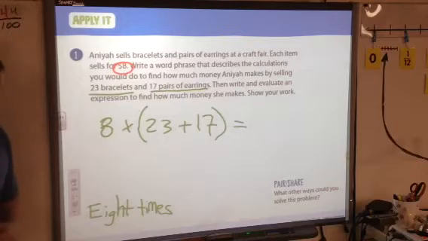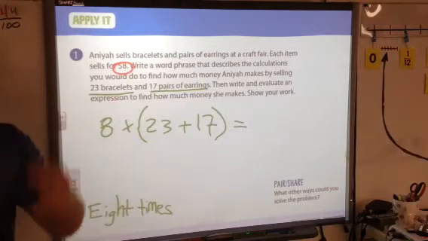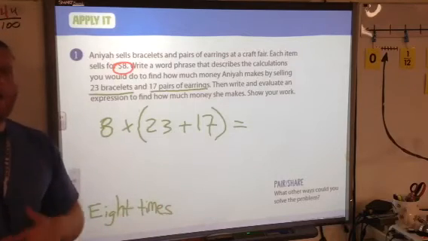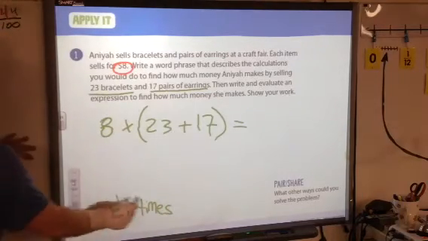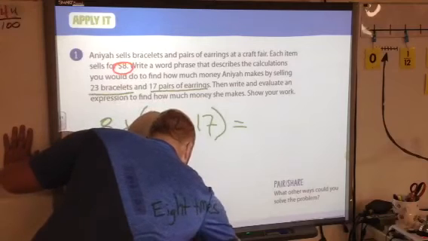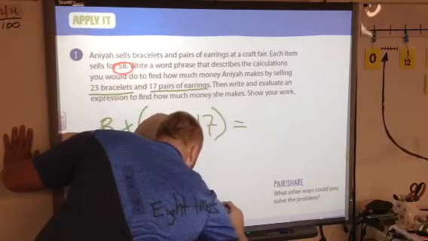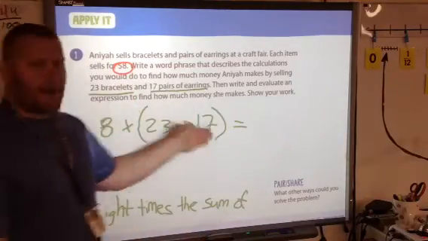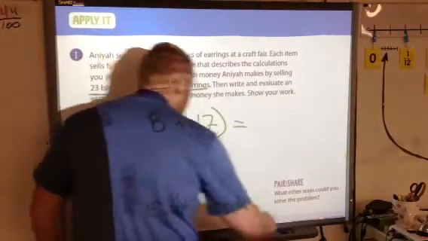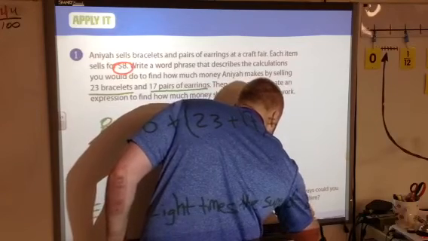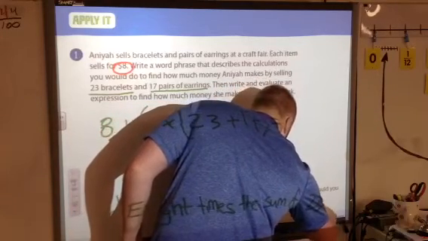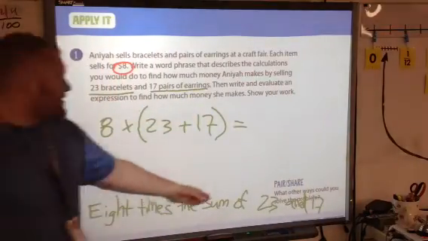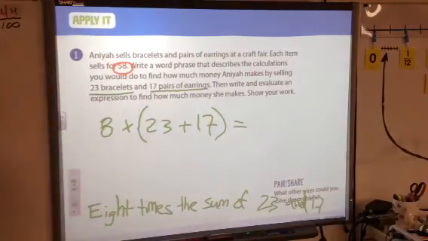Parentheses also indicate that it's the result of whatever operation is in there. So when I think of addition, what's the result of addition? The sum. 8 times the sum of 23 and 17. And I don't have enough room, so typically I would write it out in word form, but I'm just going to put the numbers here. So my phrase would be 8 times the sum of 23 and 17.